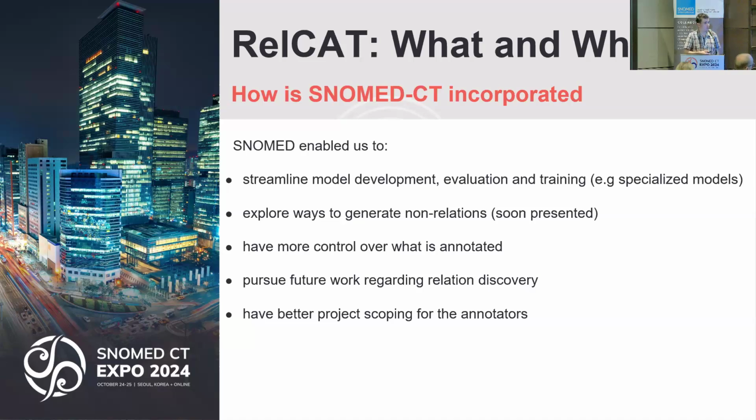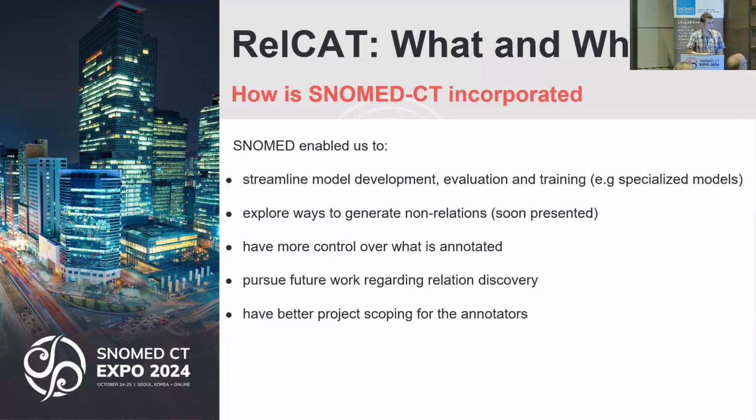Then we also have more control of what is annotated, because all of the tools that we made so far, including RelCAT, have pre-built methods to filter based on concept IDs. So if you only want to target a specific family or specific things, you can just highlight that and it will automatically take care of that for you.